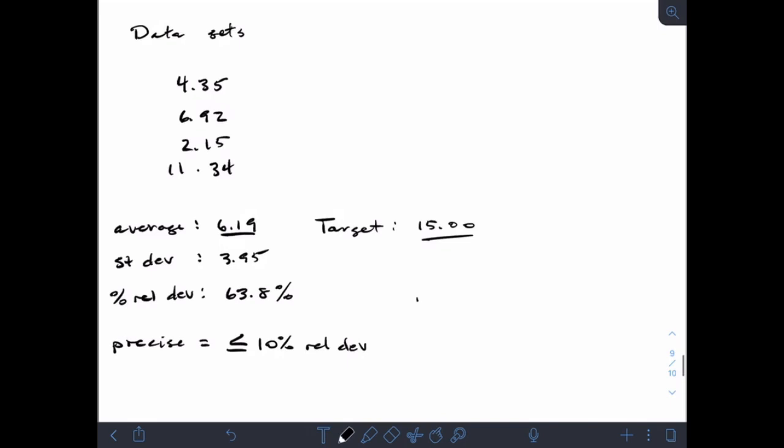So this data set is neither precise nor accurate. Okay, so your target value has to do with accuracy. Your relative deviation has to do with precision. Okay, two different evaluations of data.